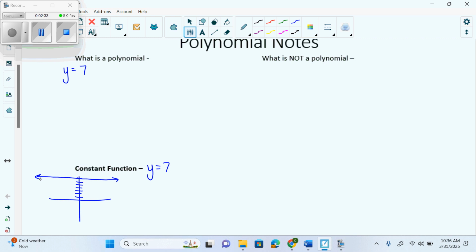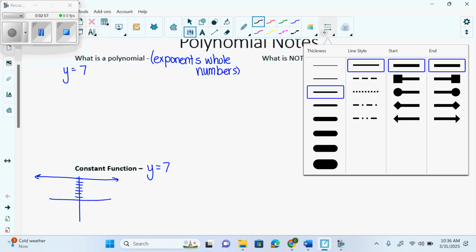It is a polynomial. Because in order to have a polynomial, your exponents have to be whole numbers. Okay? So what is a polynomial? Polynomial exponents are whole numbers. Now some people will say to me, this one doesn't have an exponent. It actually does. This constant function has a variable behind it.